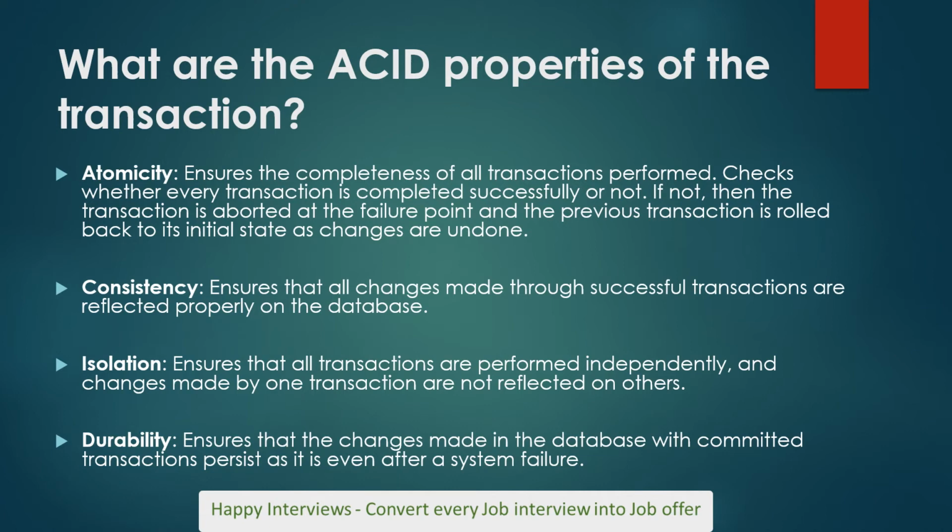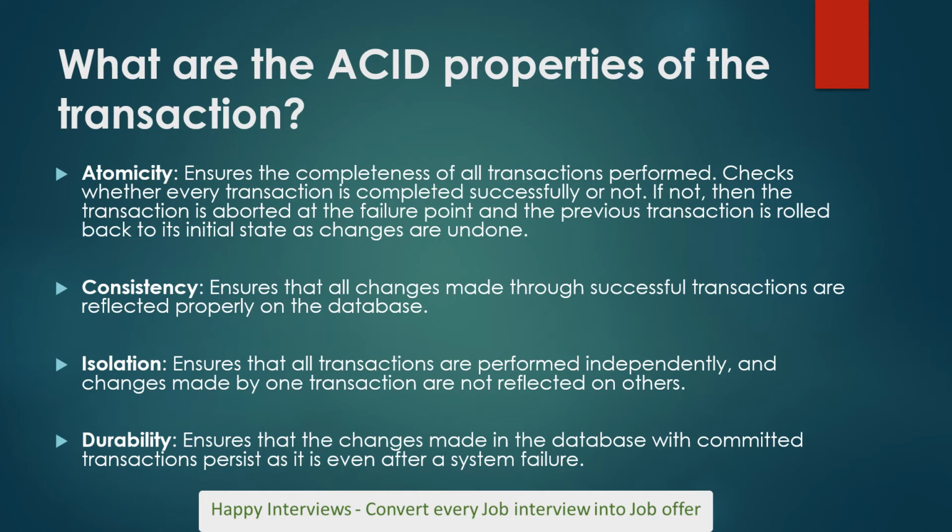So atomicity ensures that whatever transaction we have performed is performed completely or not at all. If there is any abruptness or hindrance in between, then it will be rolled back to the last transaction. Next is consistency. Consistency ensures that all changes made through successful transactions are reflected properly on the database.